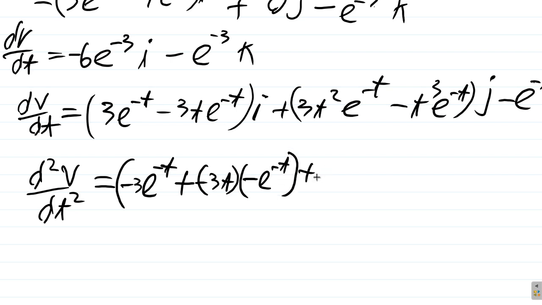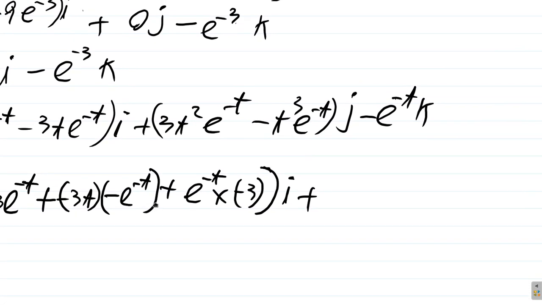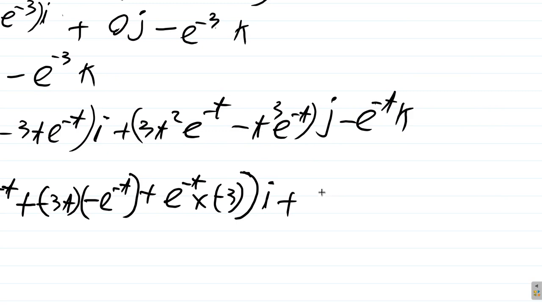Plus you hold e to the negative t as it is times the derivative of negative 3t, which is negative 3, when you differentiate with respect to t, and that's i. Plus, what happened here? You hold 3t squared times the derivative of e to the negative t, you get negative e to the negative t, plus you hold e to the negative t as it is times the derivative of 3t squared, you get 6t.